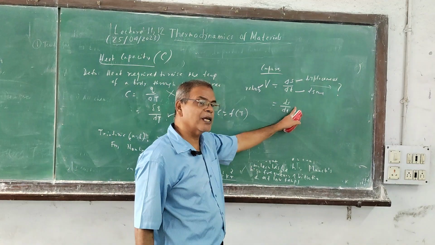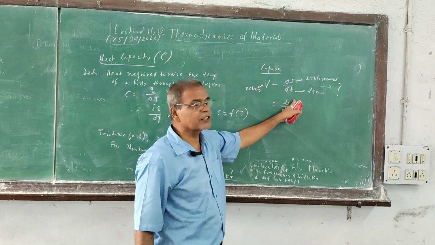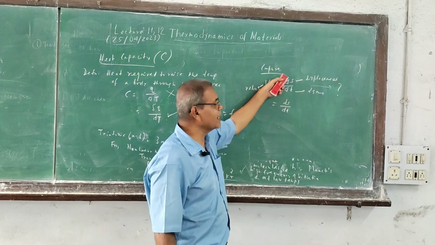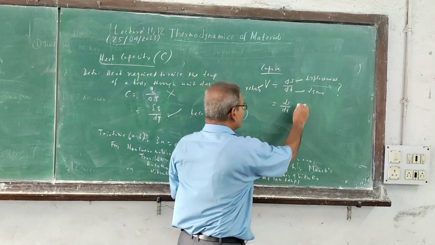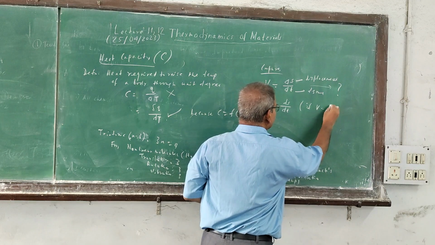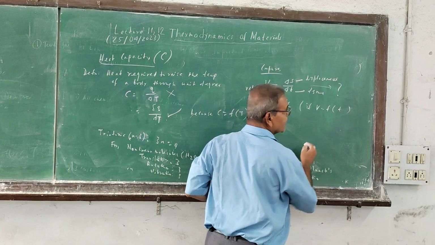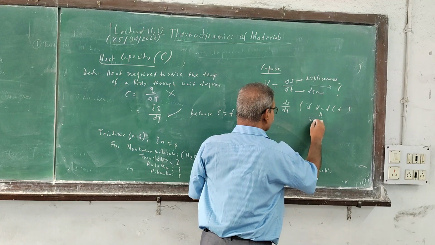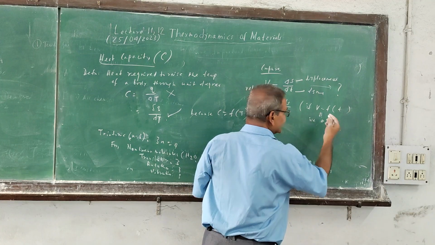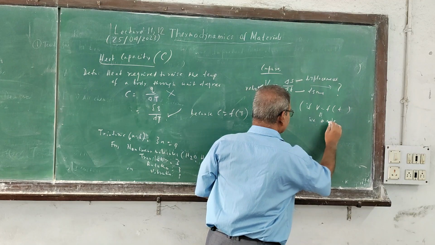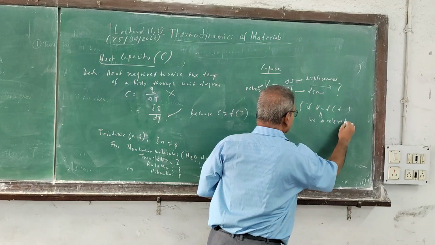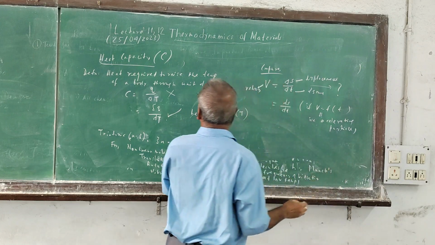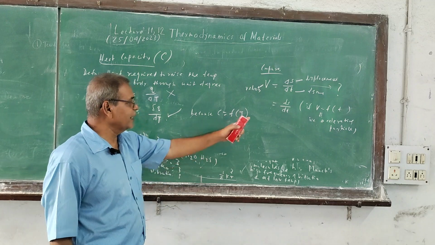Sometimes it is true, when v is not a function of time, meaning constant velocity. This is okay, as good as. If v is a function of time, meaning an accelerating or decelerating particle, then this is correct.